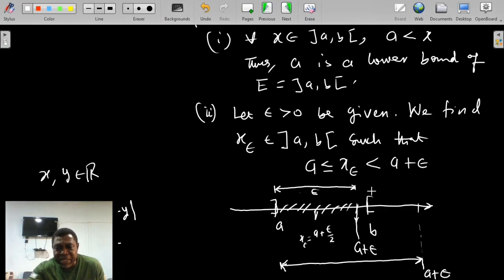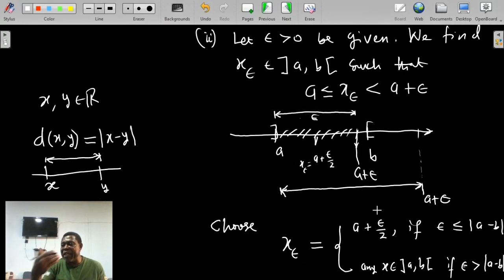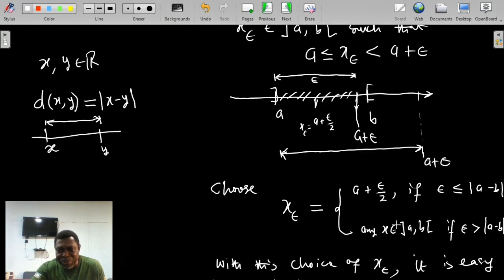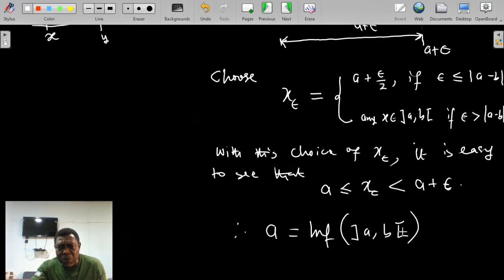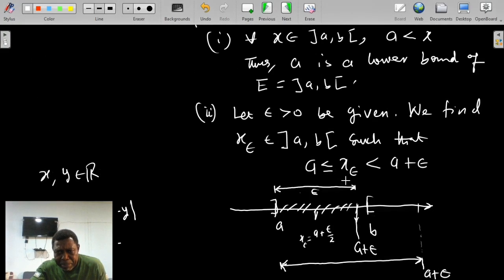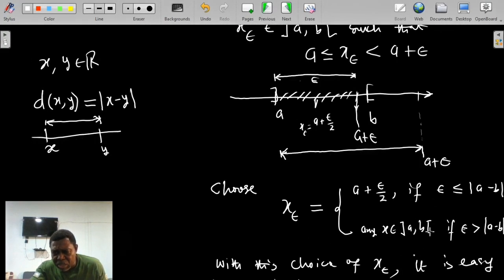But I brought it in so that by the time I repeat it again, maybe in the next lecture, after the viewers must have gone through this, and I throw more light on it, this will now sort of sink, in the sense that a better understanding of it will be made. So for now, that is what it is, that we can make a choice of x epsilon in this way.